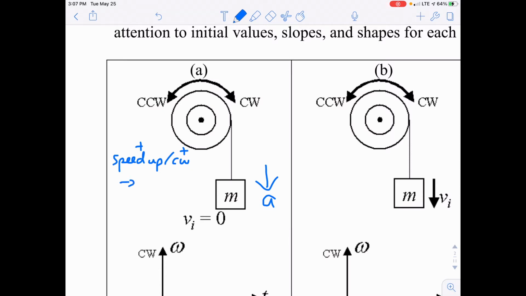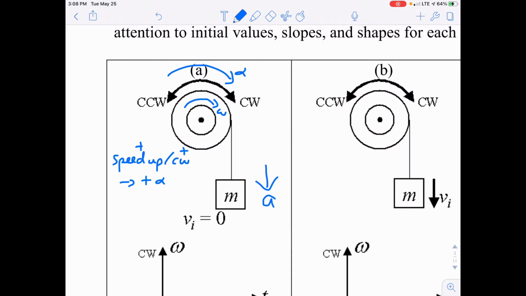This corresponds to positive alpha, positive constant acceleration. So again, our omega is clockwise, and since we're speeding up, our alpha is also in that direction too, also clockwise.